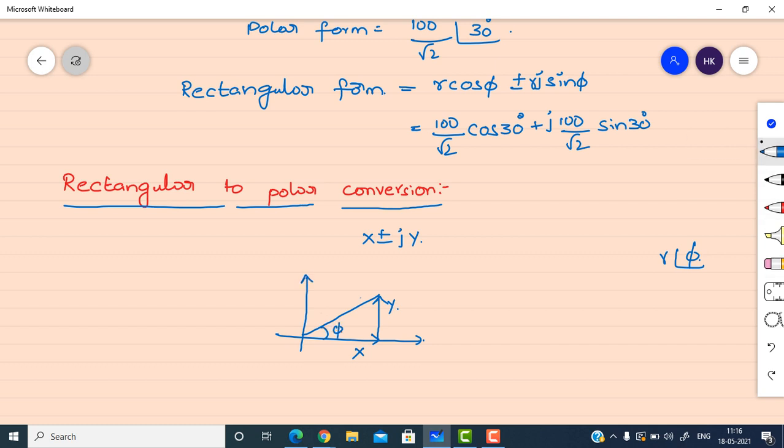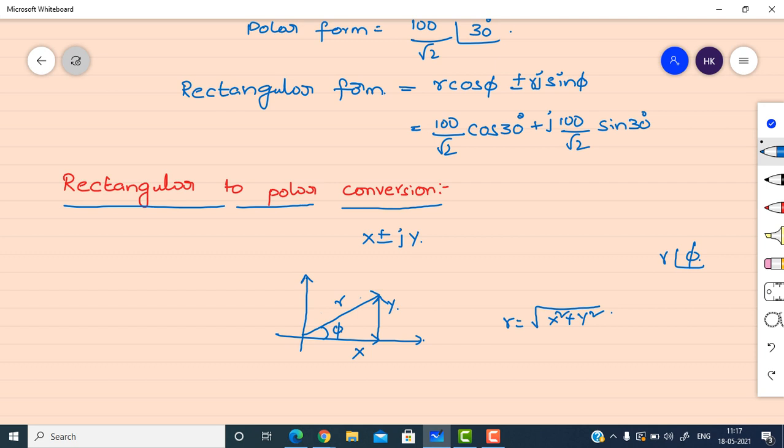This is phi, this is the x component and this is the y component. Then the hypotenuse, let us assume this is r. R is equal to under root x square plus y square. If you know the x component and y component, then you can find r.